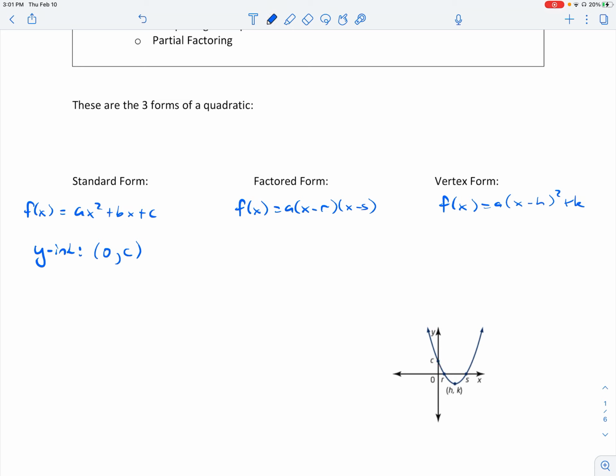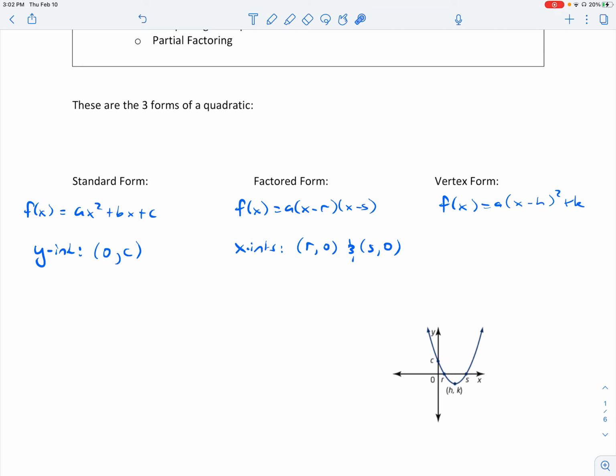In factored form, we get the x-intercepts. Those will look like (r, 0) and (s, 0). If we plug r in for x, something special will happen in this bracket: we're going to have r minus r, and this whole term goes to 0. Because we're multiplying it by everything else, the whole thing goes to 0.